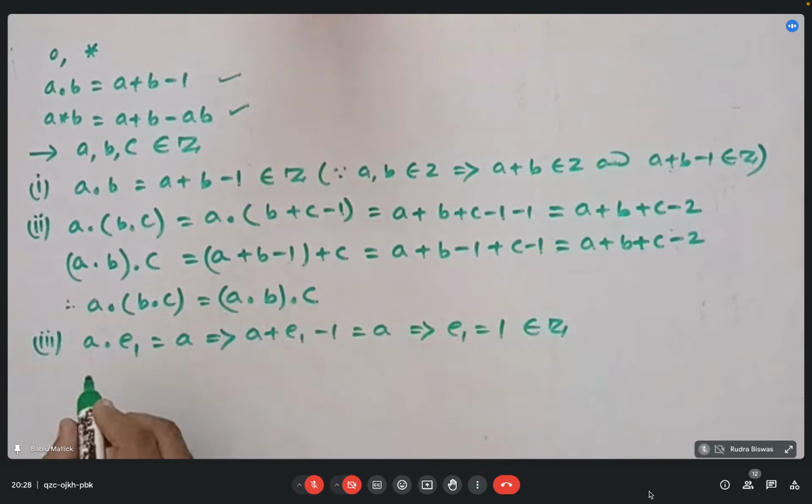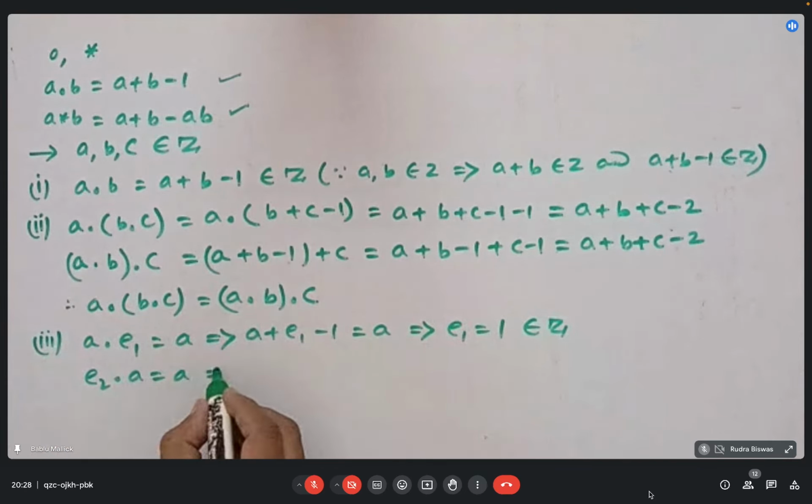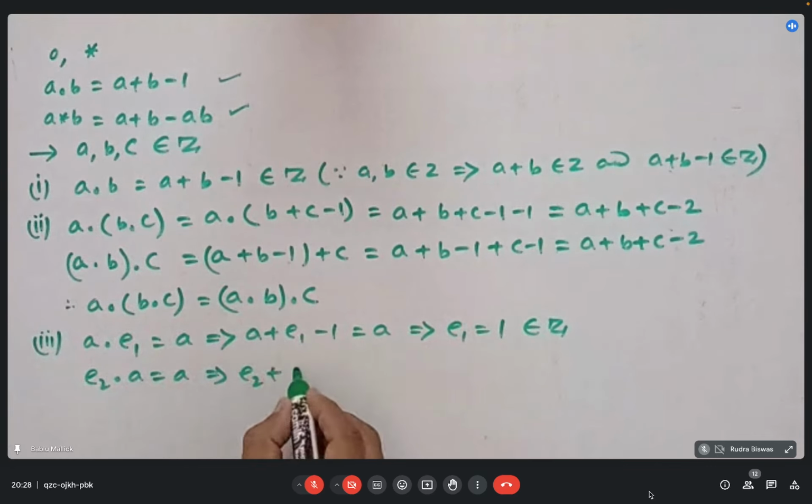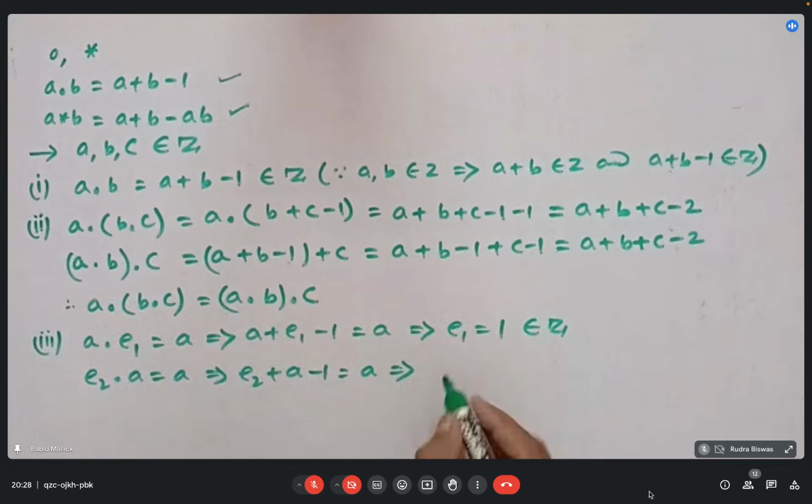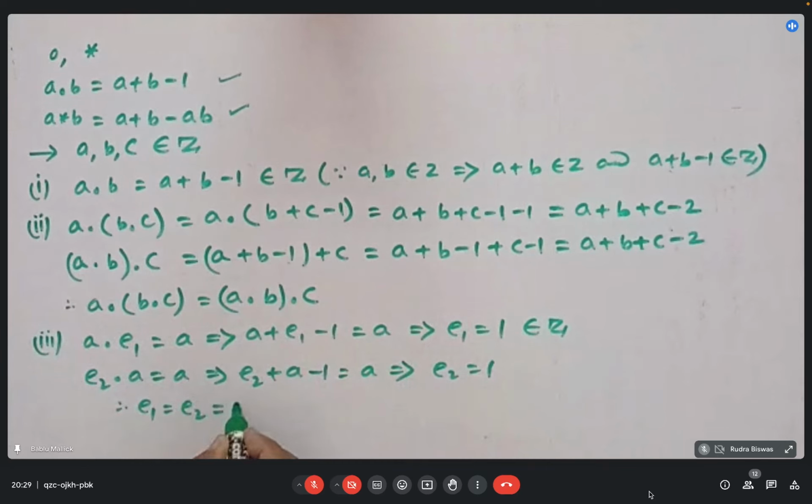And next, E2 O A is equal to A, which implies E2 plus A minus 1 is equal to A, that is E2 is equal to 1. Therefore E1 is equal to E2 is equal to 1. Therefore 1 is the identity element under the operation O.